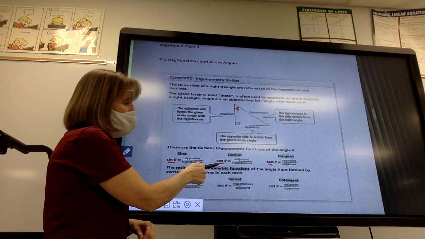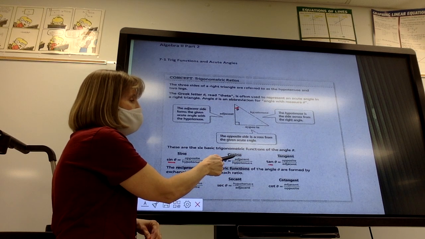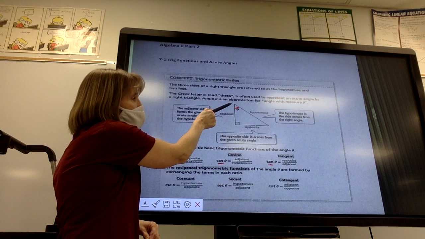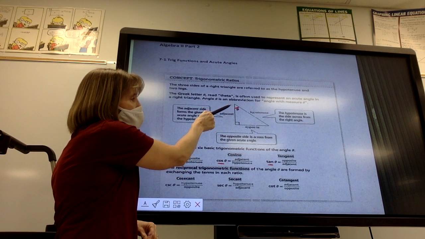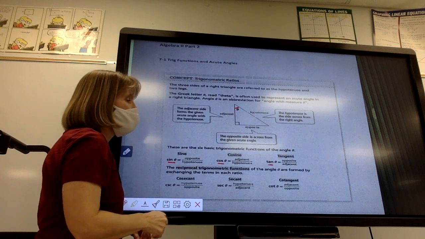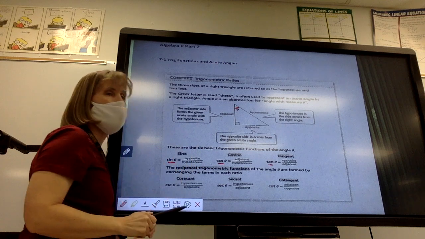Cosine, COS, is the ratio of the adjacent leg divided by the hypotenuse. So again, if I'm using this theta angle here, this distance would be on the top. This is the adjacent leg divided by the hypotenuse distance. And then tangent is the opposite leg divided by the adjacent leg.